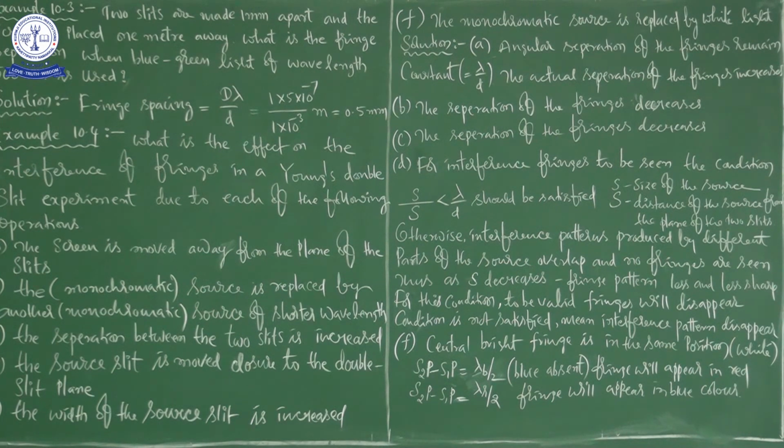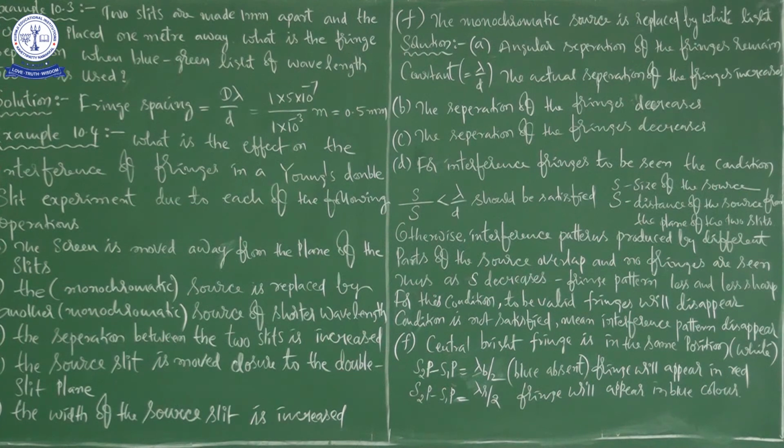Suppose the condition is not satisfied, then what will happen? You cannot see any interference pattern on the screen. No fringes are seen when this condition is not satisfied.